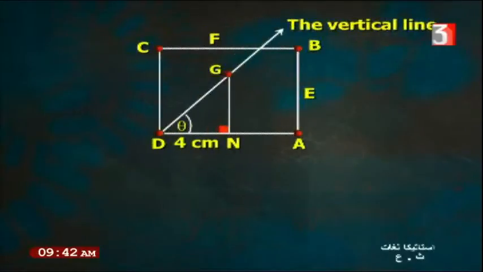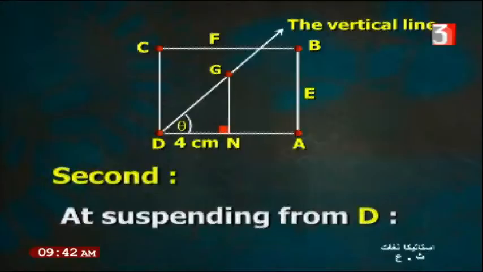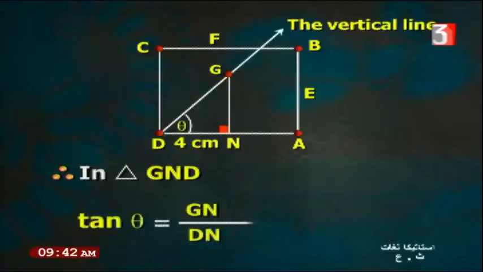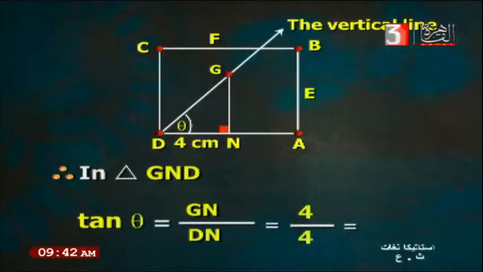Look at, my dear student, the line which is inclined to DA by angle theta, as the system is suspended from D. In triangle GND, we know that tan theta equals opposite over adjacent, GN over DN, equals 4 over 4 equals 1.